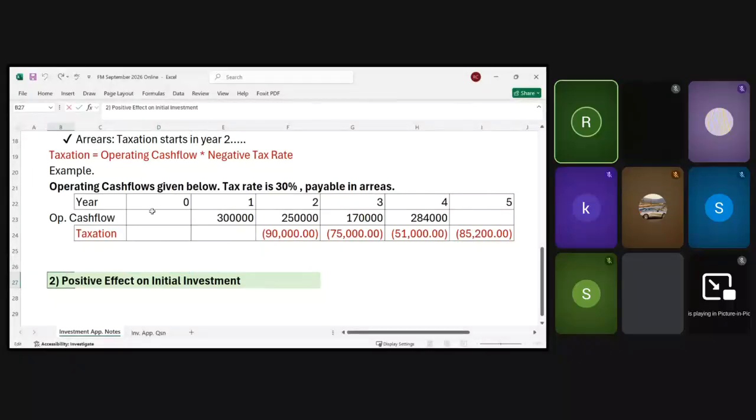So this amount is the one that we are going to use. This is a capital allowance, calculated using the initial amount invested.